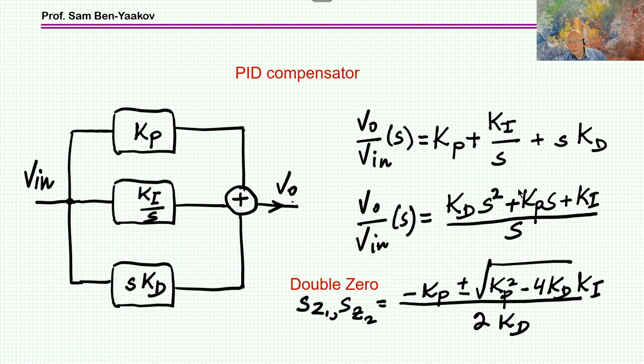It has two zeros, which with practical values here are real, two real zeros, and a pole at zero that is an integral, okay? Now, the location of this zero is, of course, the solution of this second order equation. It's a double zero. Two zeros, which are real.